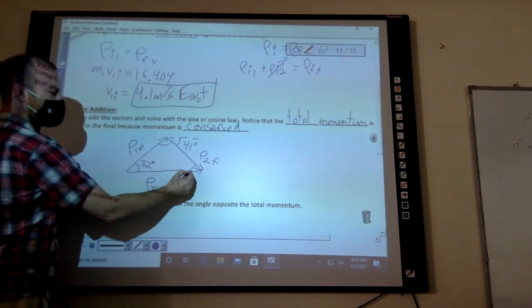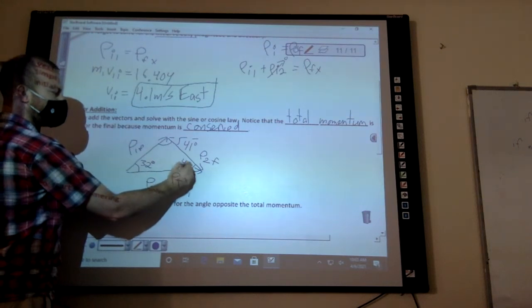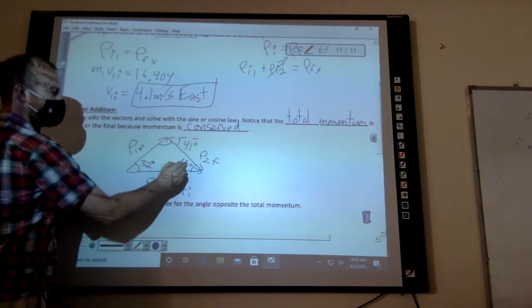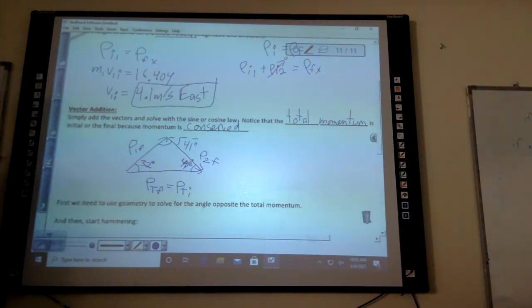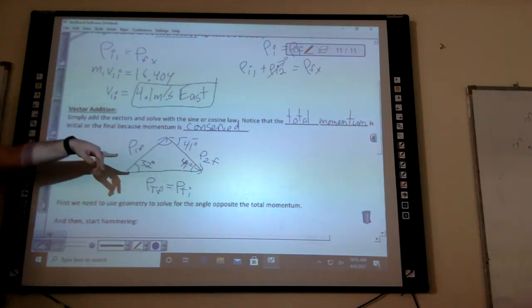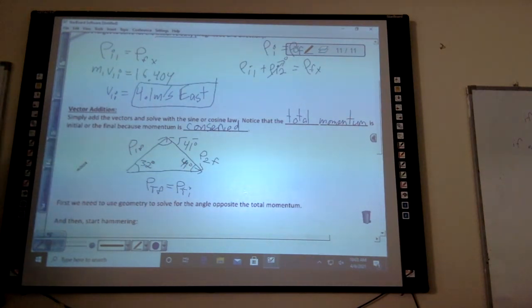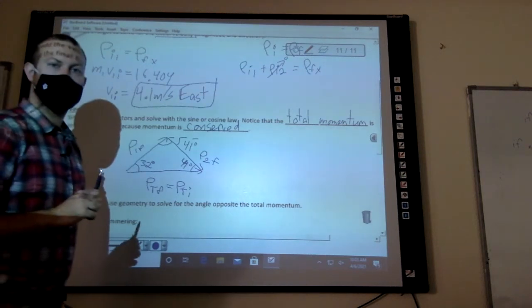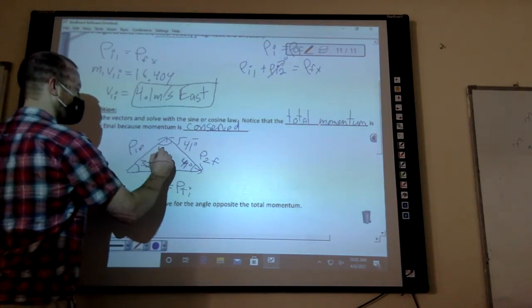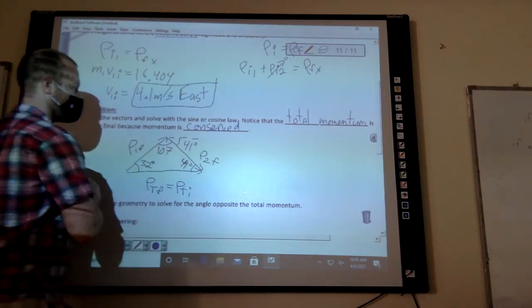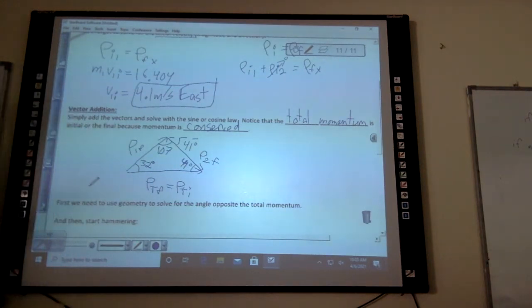So therefore this has to be 41. If I know two of the three angles, the last one's easy: just 180 minus those two, 180 minus 32 minus 41. It should be 107.